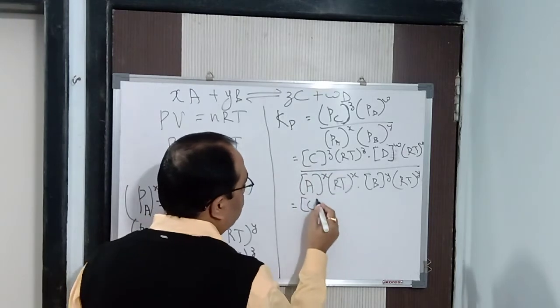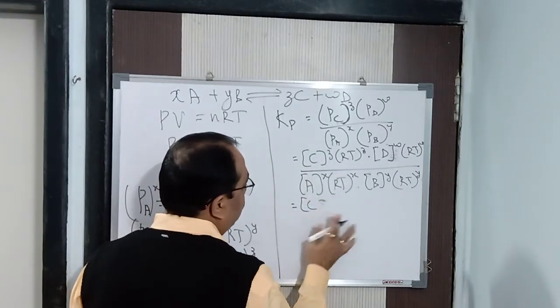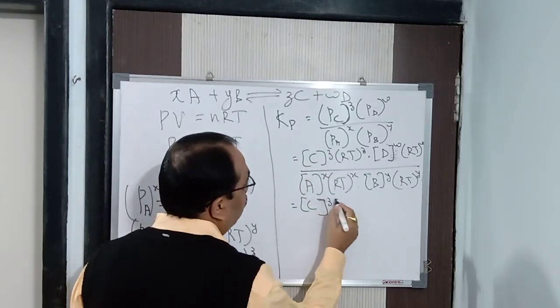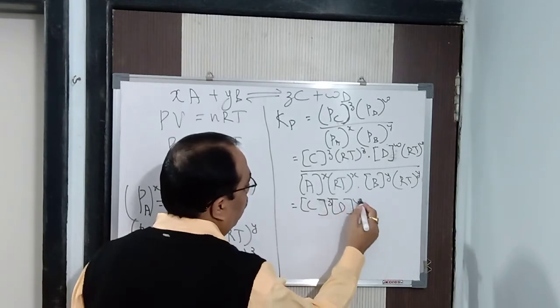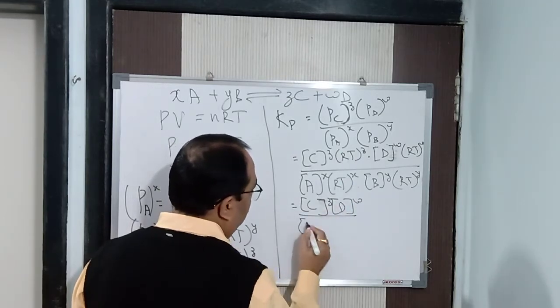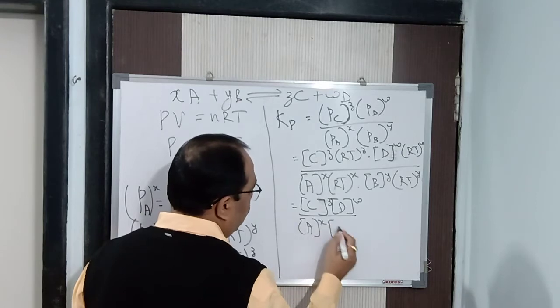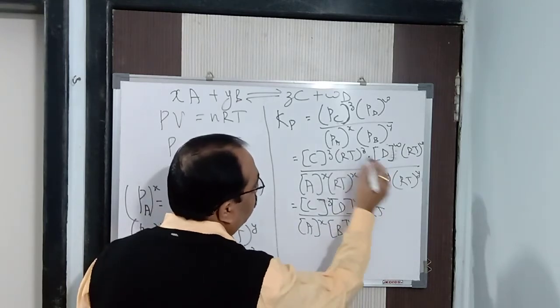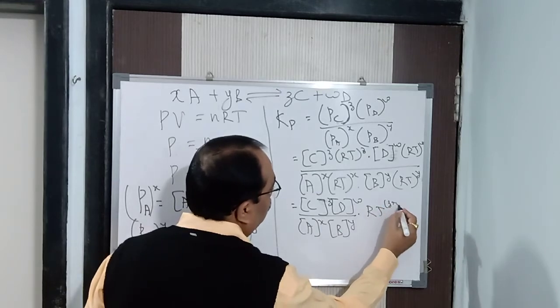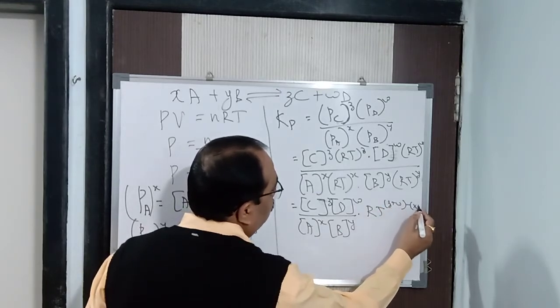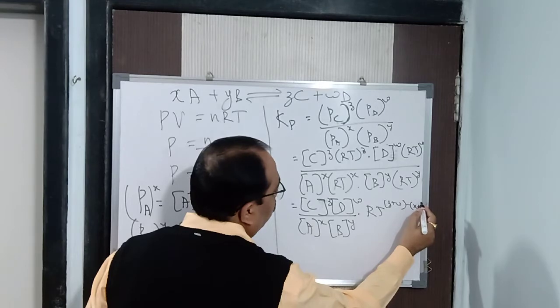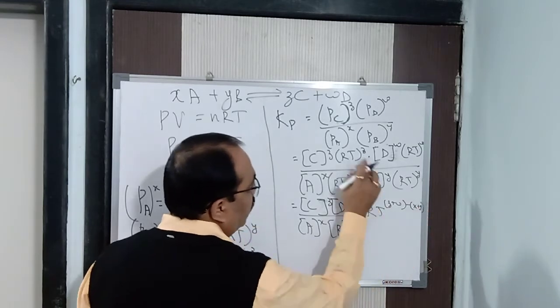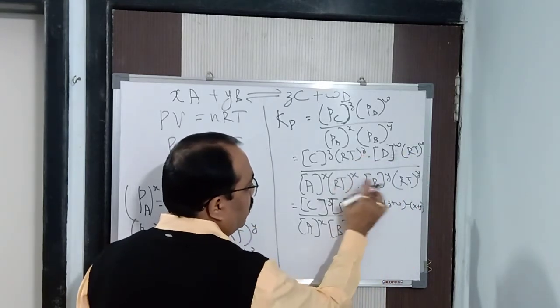Now I can write it this way: C to the power z into D to the power w by A to the power x into B to the power y, into RT to the power z plus w minus x plus y. See here, z plus w minus x plus y.